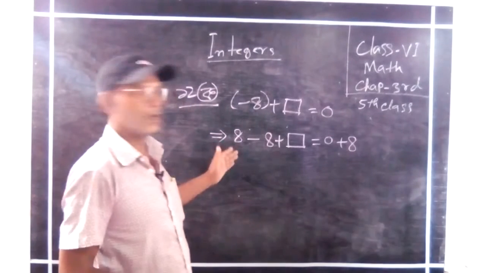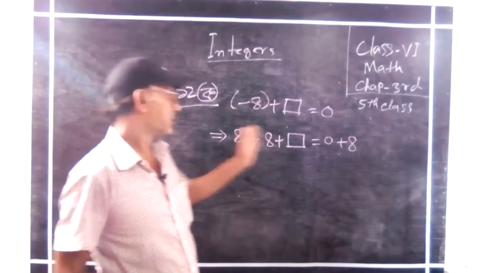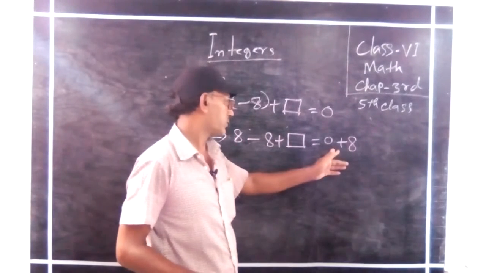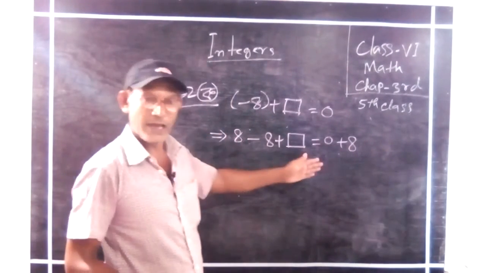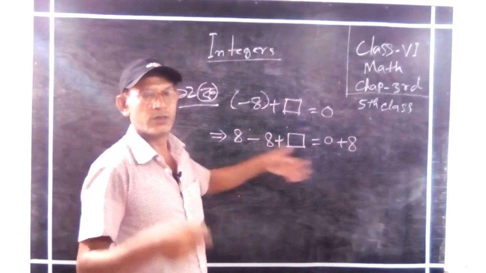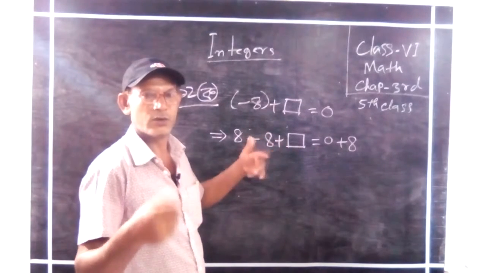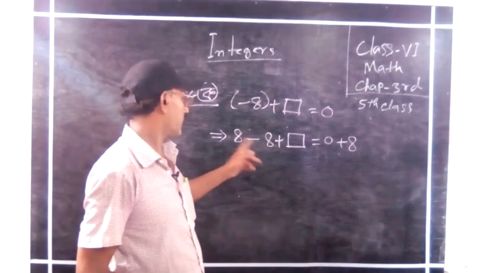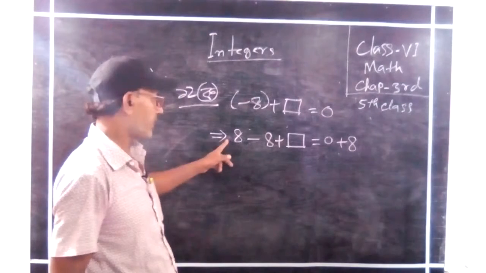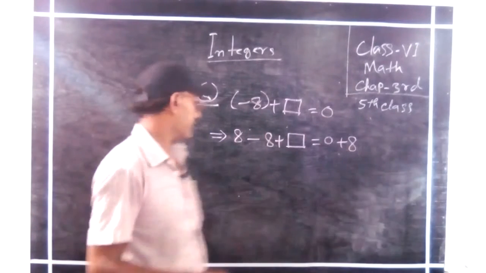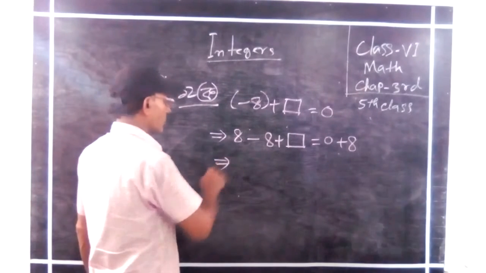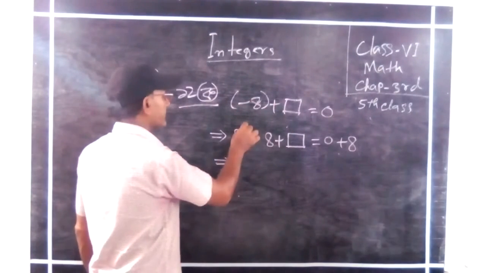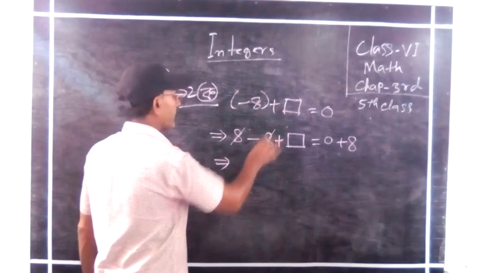We add 8 to both sides, so the value will be nothing by using plus 8. So we remove plus 8 minus 8.